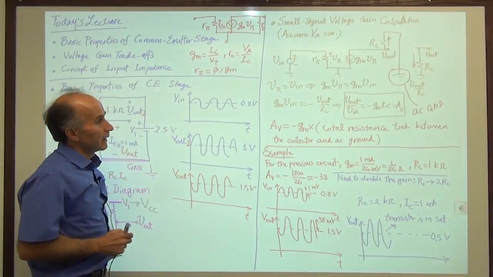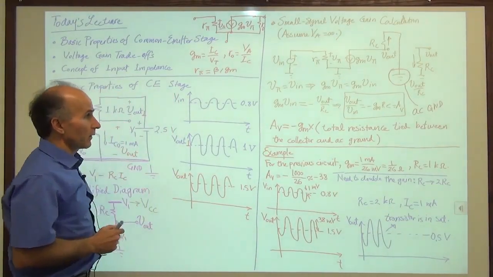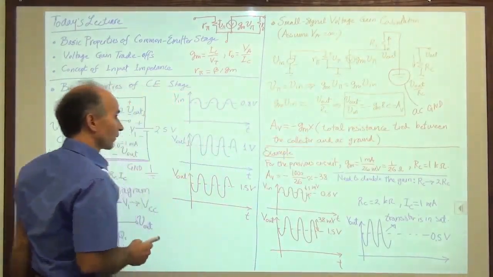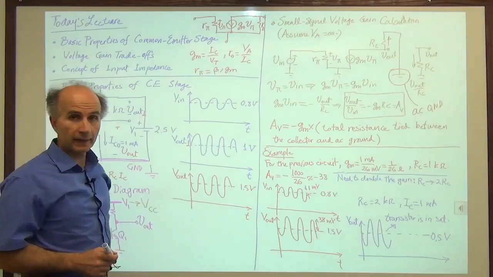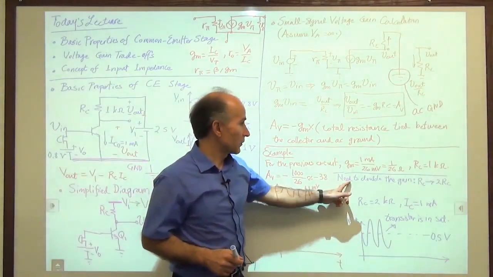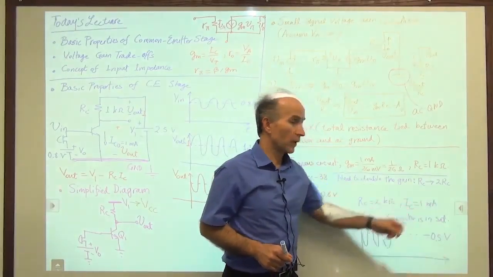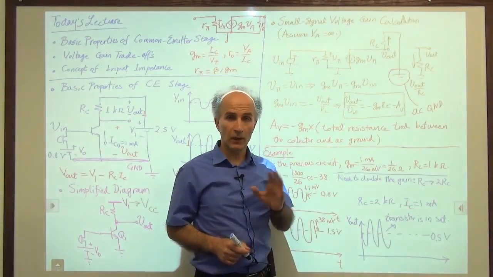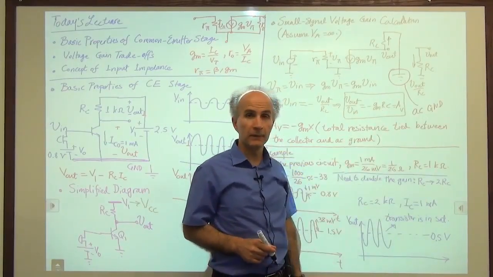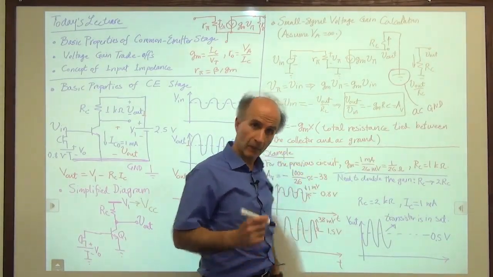All right. Now, let's go ahead and write this equation in a slightly different form to answer a second question. I just said that to double the gain, I double RC. You could say, all right, so that's no good. Why don't we double GM? Right? Is that a possibility? So let's try that.